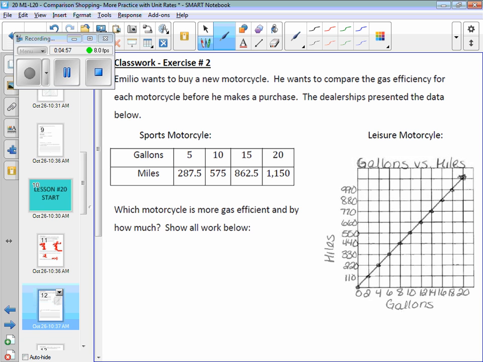All right, what do you do to figure out that you got 2 motorcycles, the sports and the leisure? How do you figure out what this sports motorcycle gets mileage-wise per gallon? 5 divided by 200.